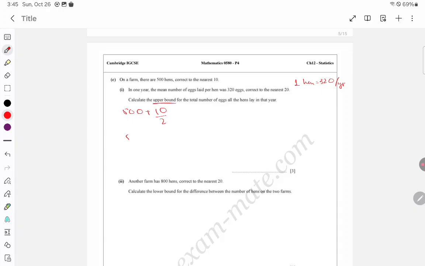So for the upper bound, 500 plus 5 is 505, and for the nearest 20, 500 plus 20 divided by 2, it will become 10.